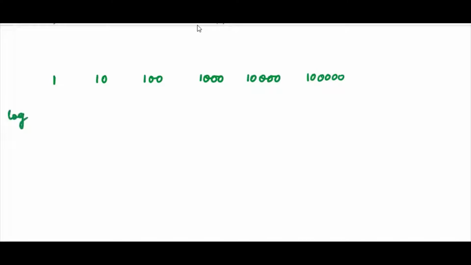If this is x, I will find log x with base 10. When x is 1, that is log 1 base 10, right? 10 power 0 will be 1. So this became 0. Log 10 is 1, since 10 power 1 is 10. So this is 1, this is 2, this is 3, this is 4, this is 5.